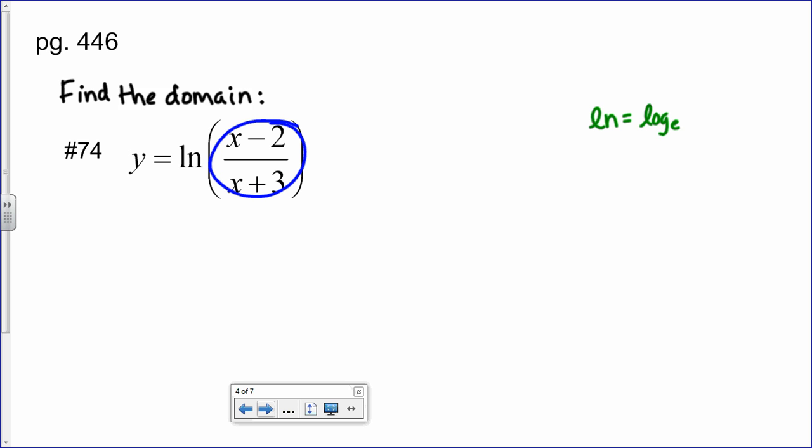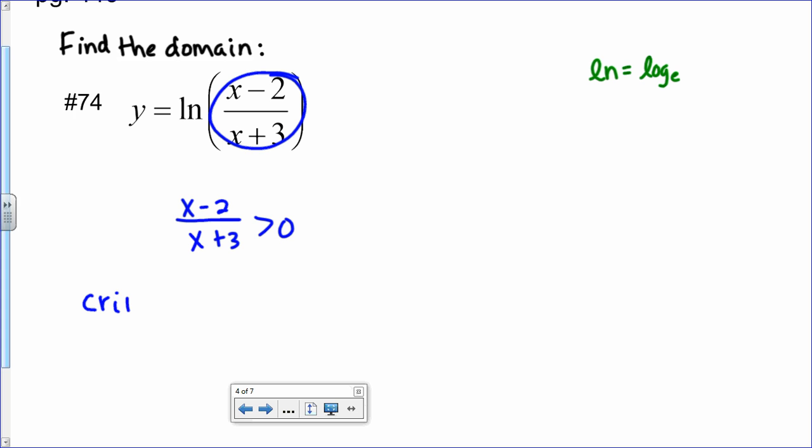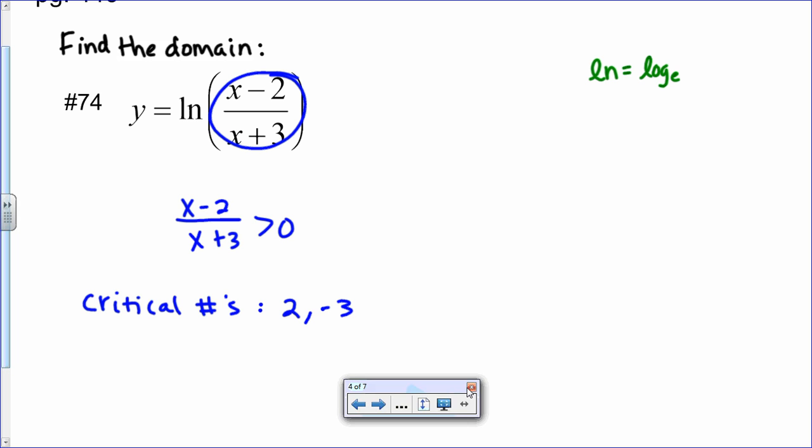What you're taking the log of has to be greater than 0. Okay, this isn't a normal function. This is a rational function, just like we had a quadratic function. So, just like with the quadratic, we're going to take out the critical numbers, which would be the zeros of top and bottom. So the zeros of the top would be 2. The zeros of the bottom would be negative 3. Okay?